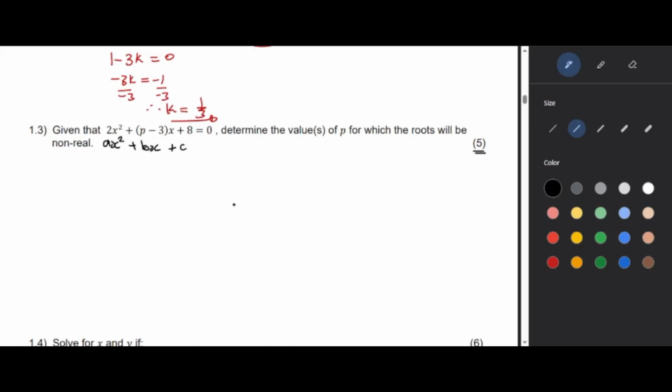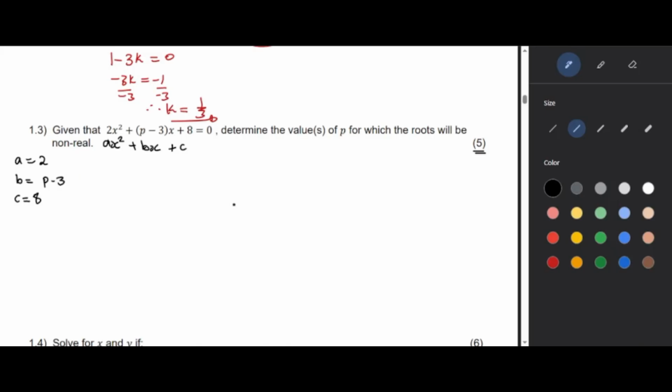We know the value of a is just 2. What is the value of b? Remember, the value of b is everything in front of x, the coefficient of x, which is p minus 3. And the value of c is 8.